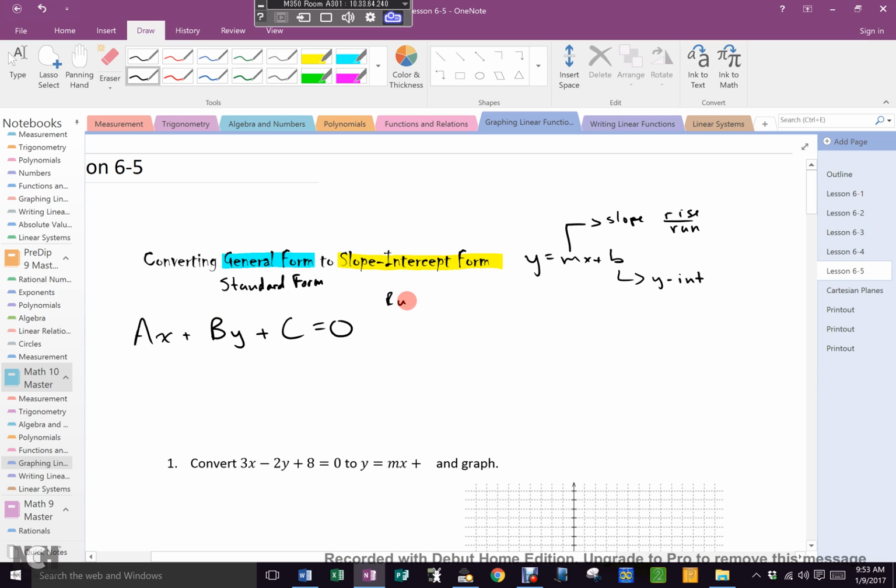The rules for this form are as follows. A and B must be whole numbers. So no fractions or decimals.